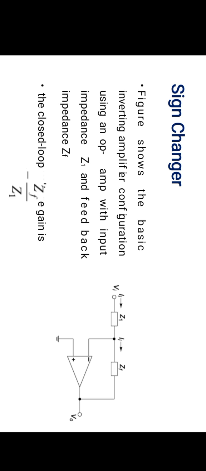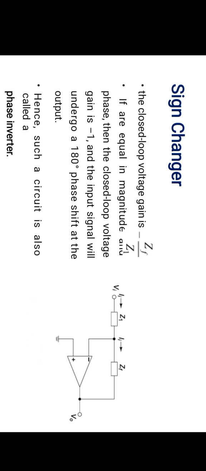Figure shows the basic inverting amplifier configuration using an op-amp with input impedance Z1 and feedback impedance ZF. The closed loop voltage gain is minus ZF by Z1.